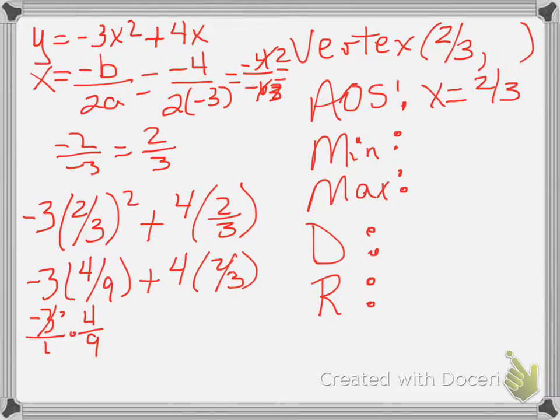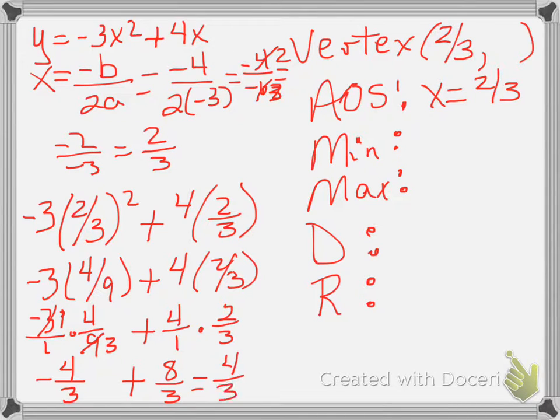I'm going to reduce this by 3, and that gets me 1. I'll reduce the 9 by 3, and that gets me 3. That gives me negative 4/3 plus 4 over 1 times 2 over 3, and that gives me plus 8/3. So I have negative 4/3 plus 8/3 gives me 4/3, or 1 1/3.